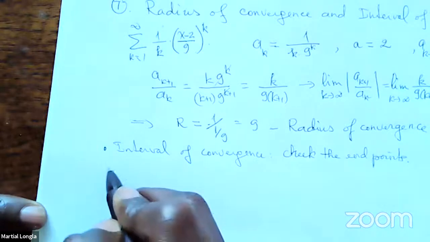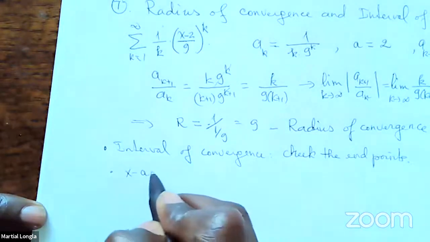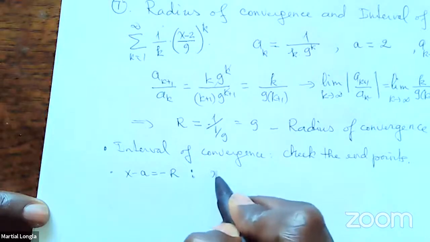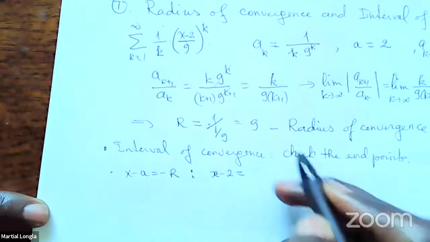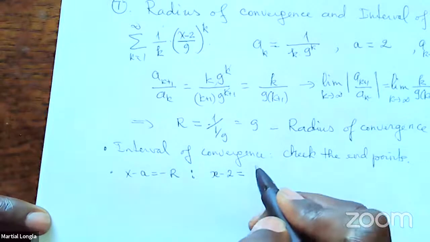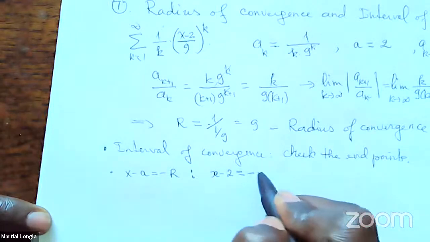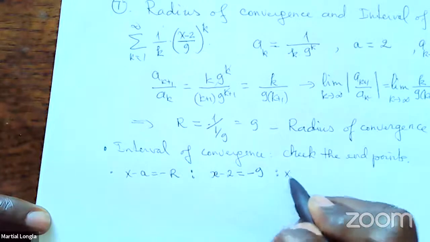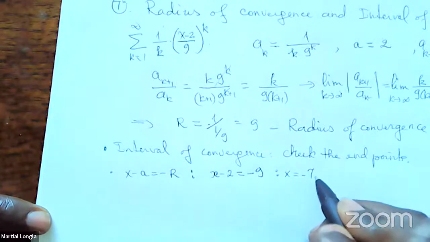The first one is x minus a equals negative r, which in this case is x minus 2 equals negative 9, and that means x equals negative 7.